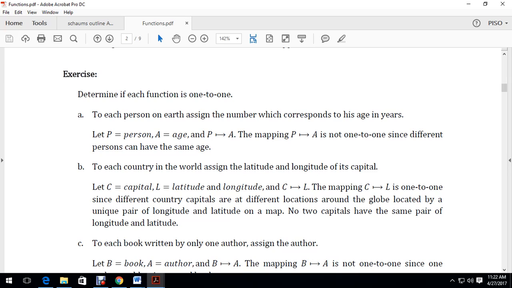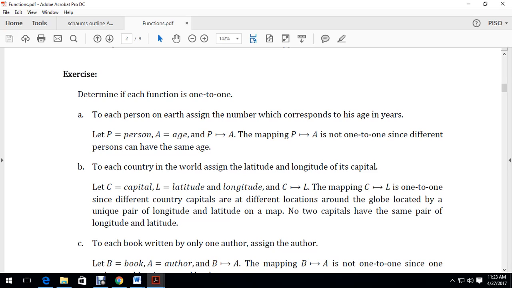The two sets being mapped here: first is the set of all persons on Earth, and the second set is the age of those persons defined in years. So if we let, for example, the set P be the set of all persons on Earth, and set A be the age of all those persons, then we define the mapping from P to A.